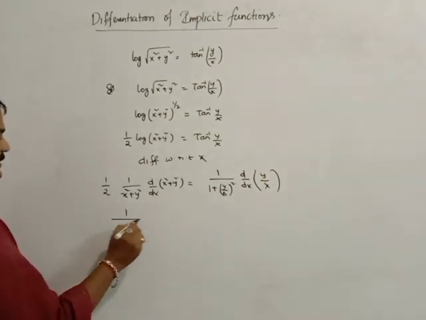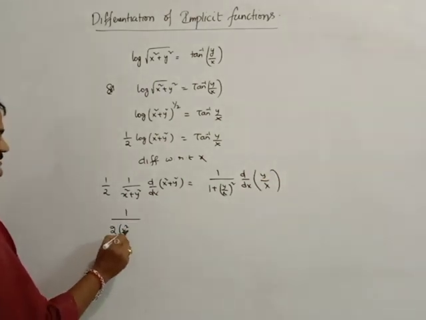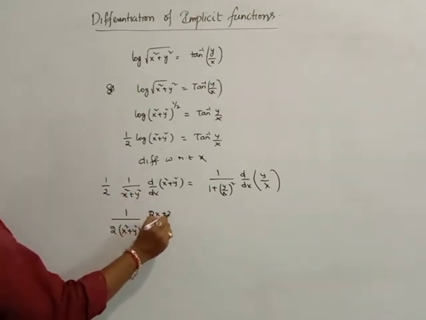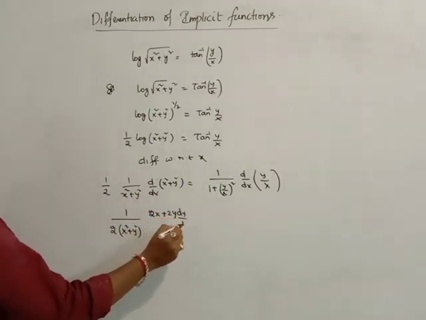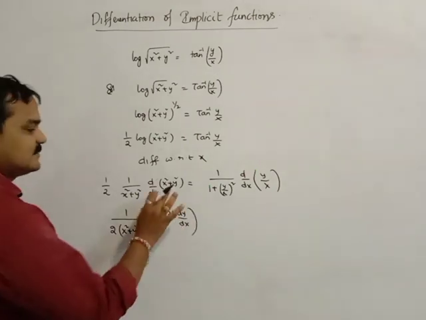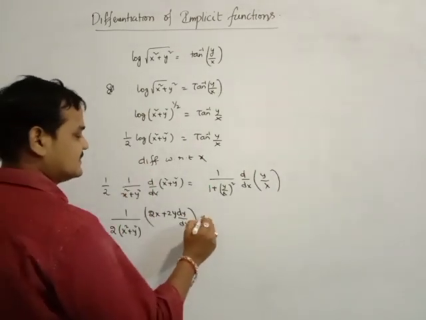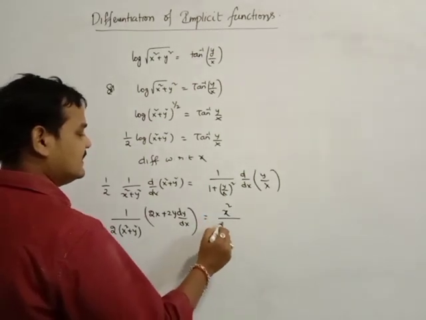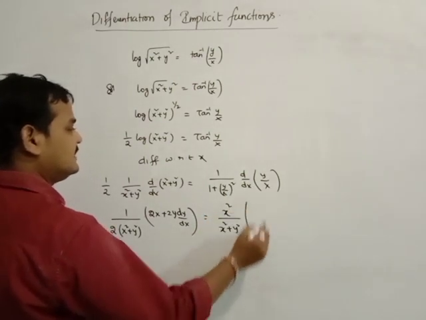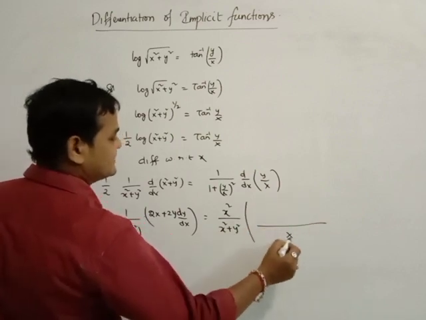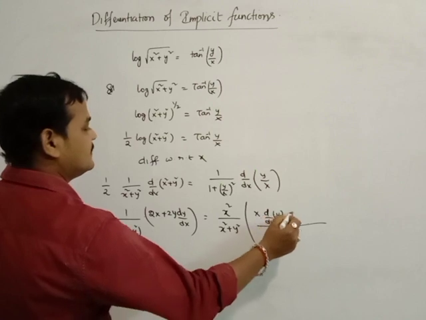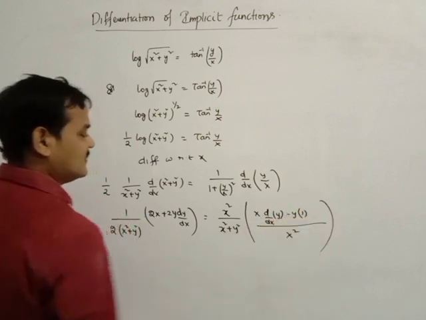So this is 1 by 2 into x square plus y square, into x square derivative is 2x and y square derivative is 2y dy by dx. I am only saying that y is also a function. Again take the LCM: x square by x square plus y square into, by the u by v formula, x square into x into d by dx of y minus y into derivative of x, which is 1.